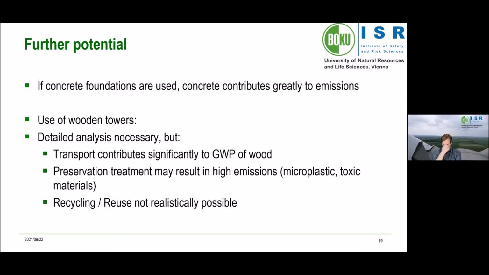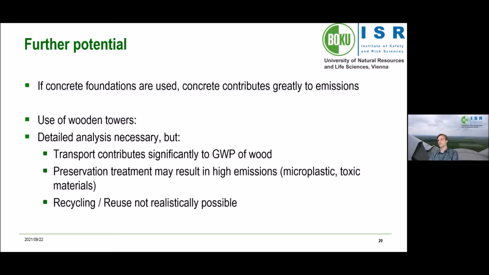And of course, apart from the global warming potential, we also always have to look into the other categories. In the case of wood, we have the preservation treatment, which can result in quite high emissions of microplastic or toxic materials.